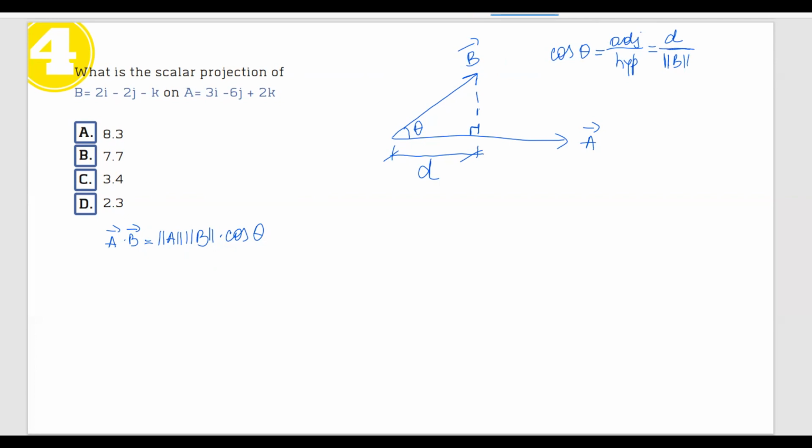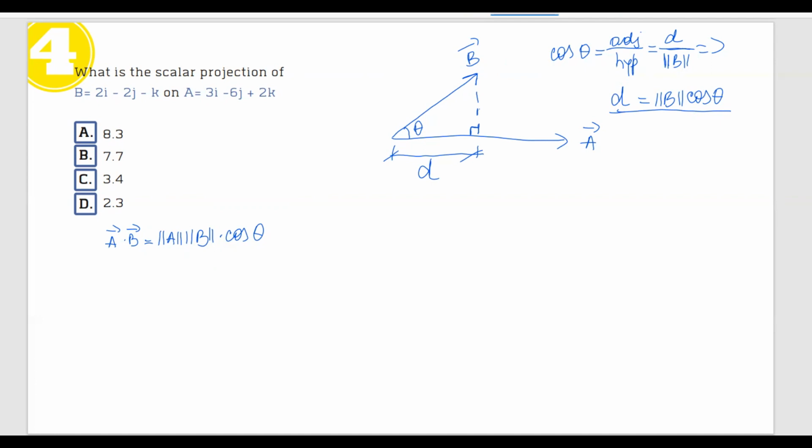And from this, we are getting that D is equal to magnitude of B cosine of theta. So we can easily calculate D, which is the scalar projection of B onto A.